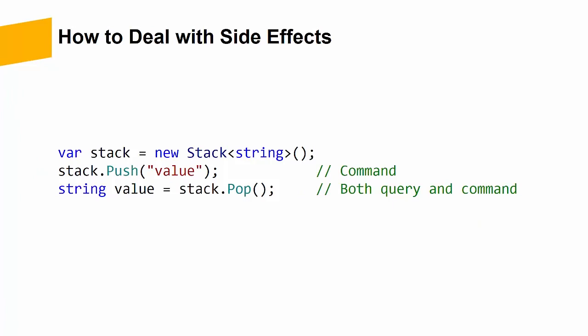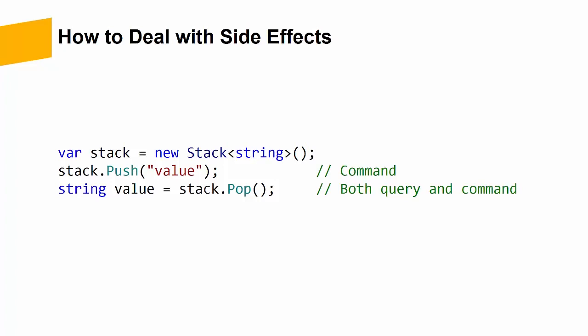And although this principle is pretty handy, it's not always possible to adhere to it. An example here is a stack. The push method in a stack is a command. It doesn't return anything, and it does mutate the internal state of the stack because it takes some value and pushes it to the internal collection of values.